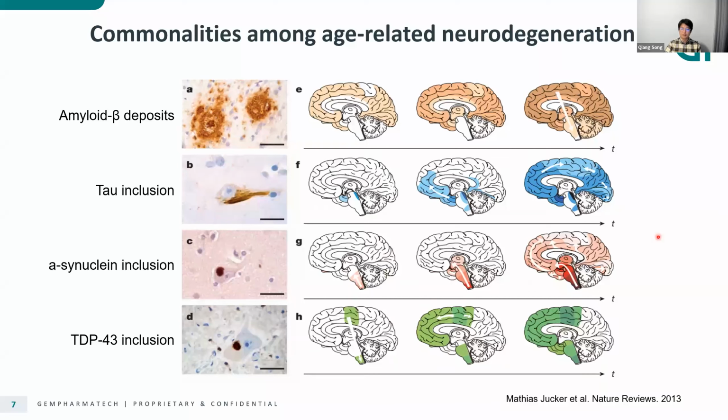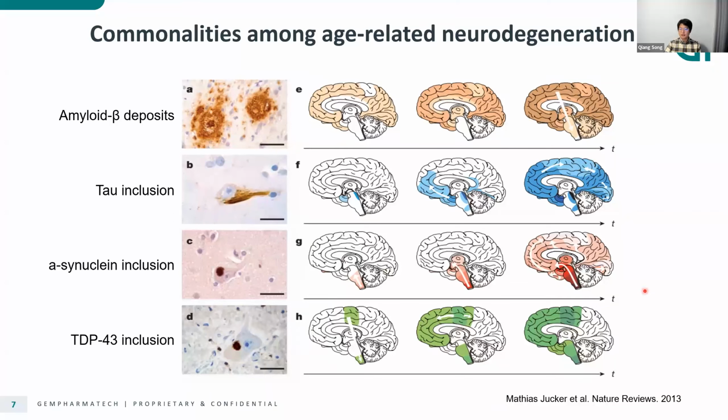Despite the involvement of distinct proteins in different neurodegenerative diseases, AD pathology shows A-beta deposition and tau inclusion, the alpha-synuclein inclusion can be detected in Parkinson's disease, and TDP43 inclusion in ALS and FTLD. These diseases can occur in part of the brain and spread across the whole brain at the late phase of the disease.